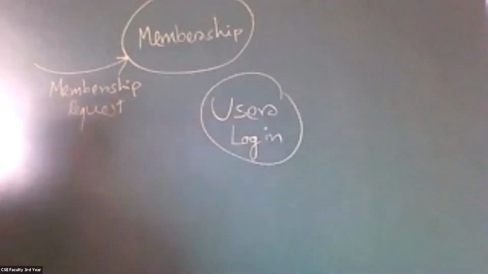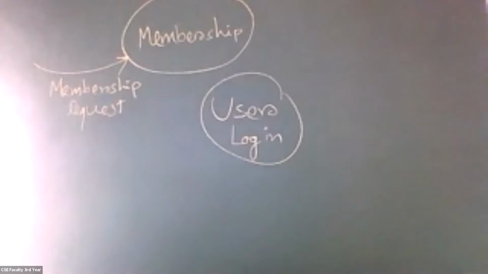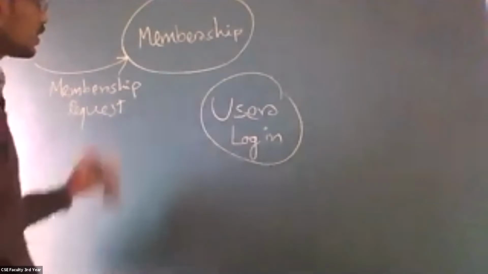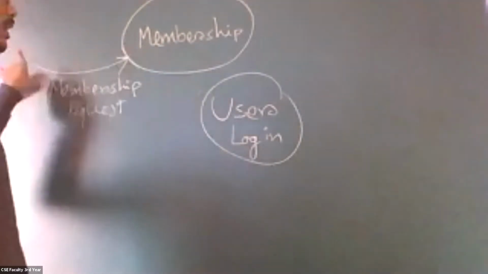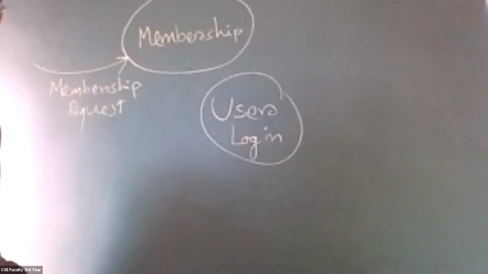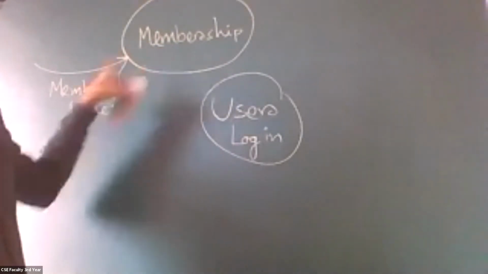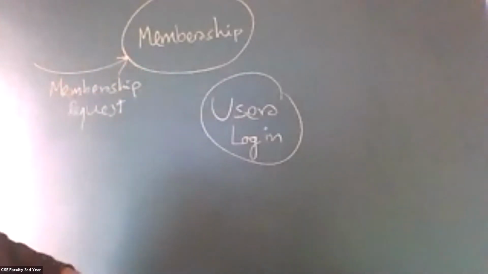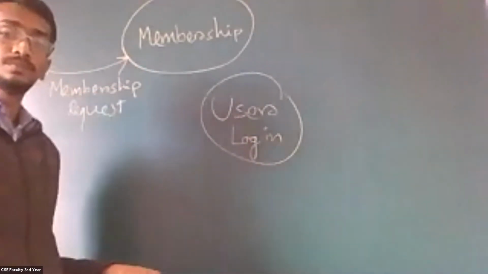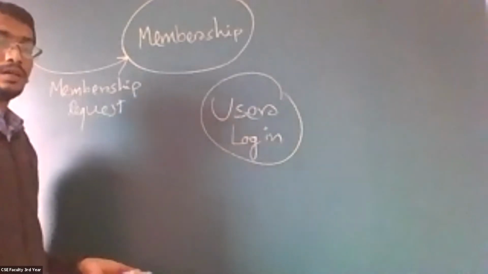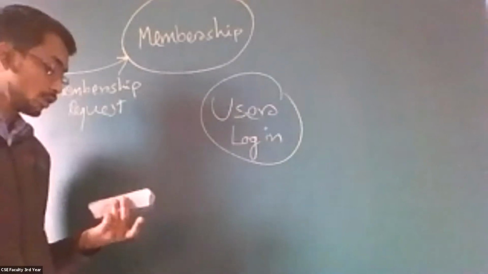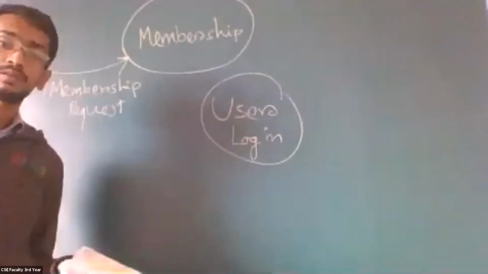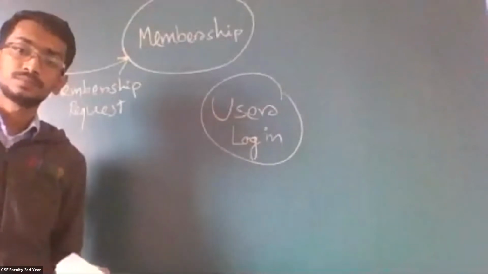Obviously this is from the user. After getting a request from a user, the membership process will work, right? This process will work when it gets any request from the user. Then the membership information, we have to store the information next. We need a database.